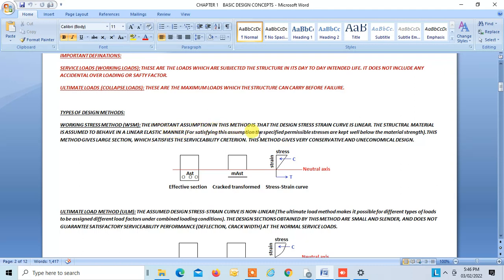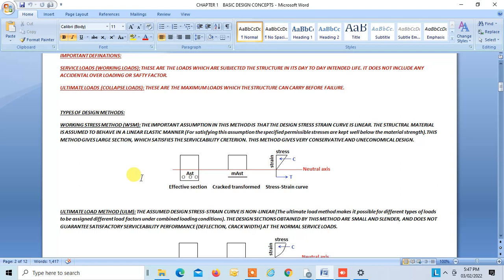For satisfying this assumption, the specified permissible stresses are kept well below the material strength. For example, say you have concrete grade M25, then its characteristic strength is 25 Newton per mm square. But in case of working stress method, the permissible stress for M25 is taken as 8.5.